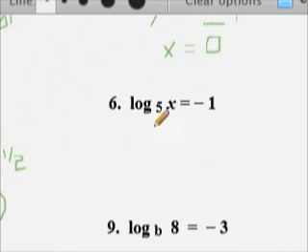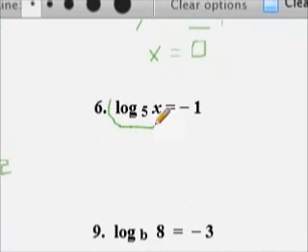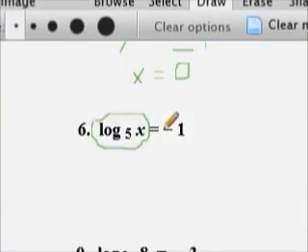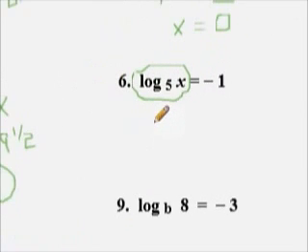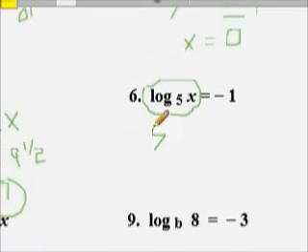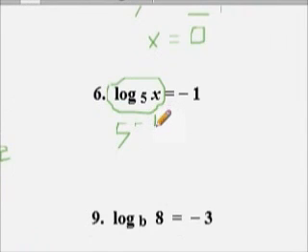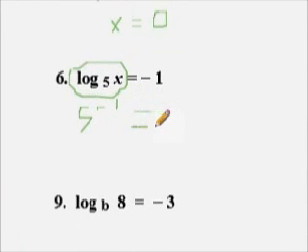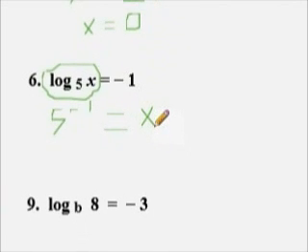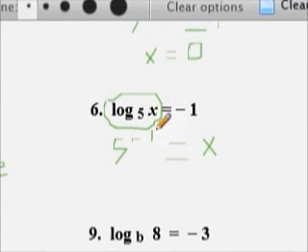The same thing. Understand, every time you try to compute the log of a value, what you're trying to figure out is an exponent. Here I know the exponent, they give me the result. So I can say the base is 5, right, to the power of -1, I know the exponent, I know the value, equal x. The power necessary to raise 5 in order to get x is -1.